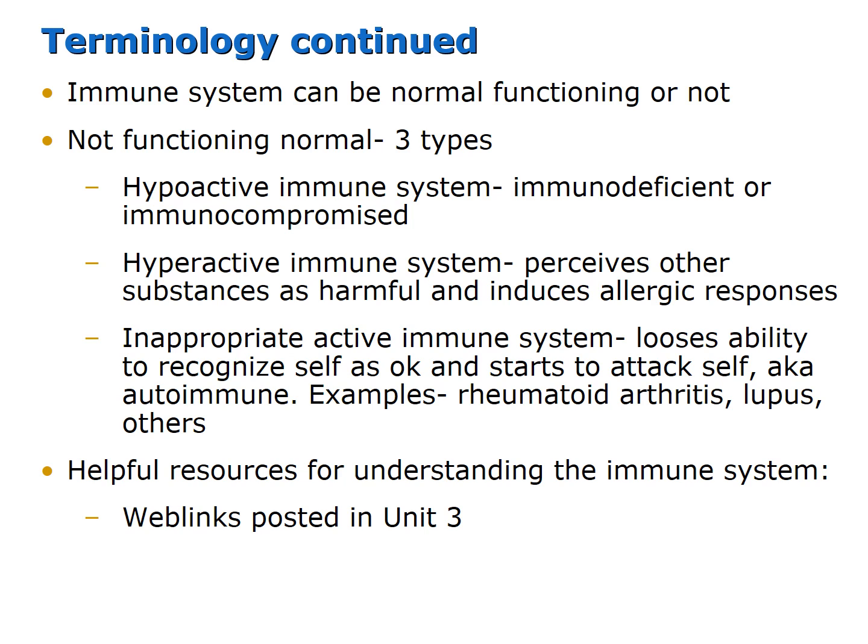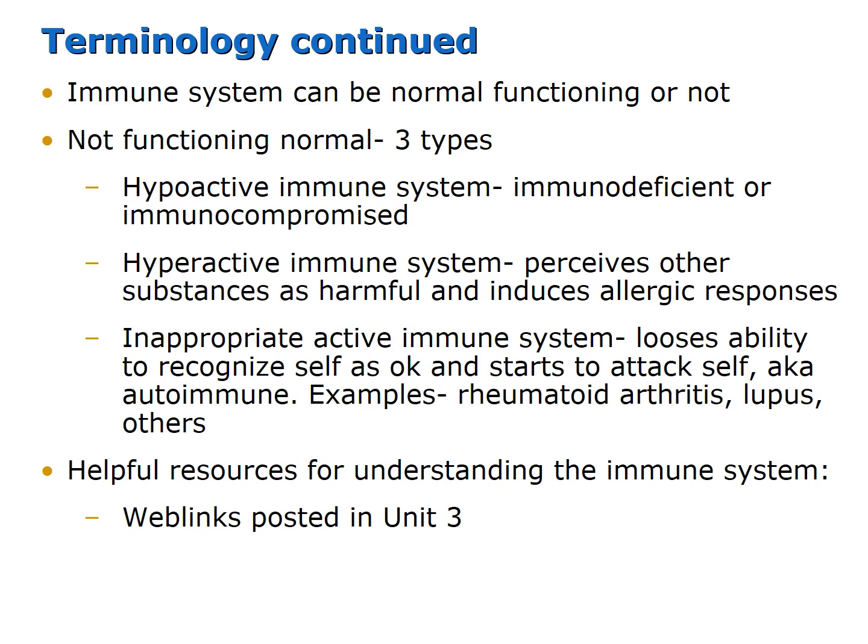Urticaria is the word for that. So your body is in a hyperactive state when it perceives something as harmful and induces that allergic reaction. And then we can have an inappropriate active immune system, where the body loses the ability to recognize the self as okay.